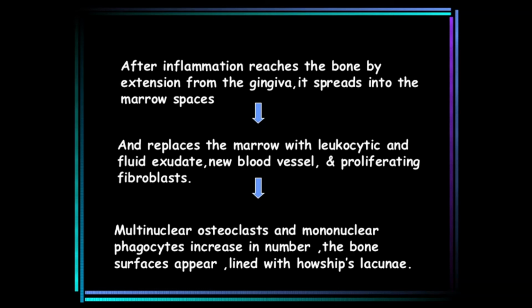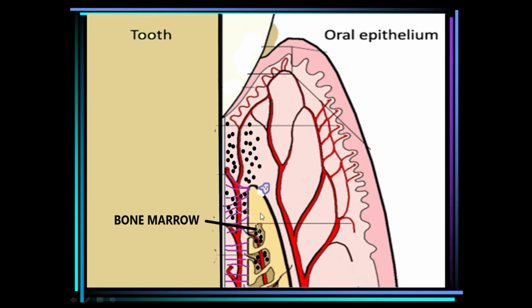Once the inflammation has reached the marrow, it is getting filled with all these components, and multinucleated osteoclasts and mononuclear phagocytes increase in number. The bone surface appears lined with howship's lacunae. The lacunae are where the osteoclast is activated and sits, and the resorption of bone is taking place basically.